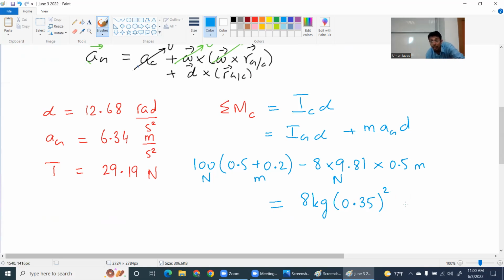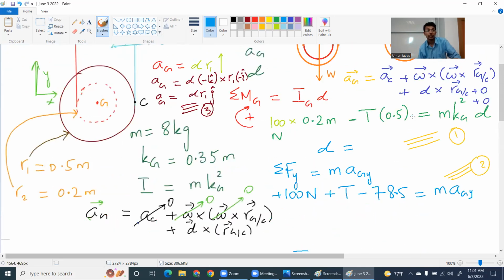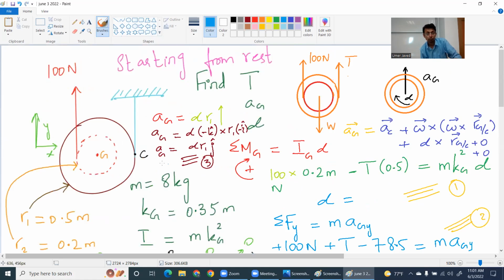Then we have alpha. For both 0.5 and 0.2, because if you look at the distance of 100 Newton from the point C, you have a big distance, which is 0.5 plus 0.2.